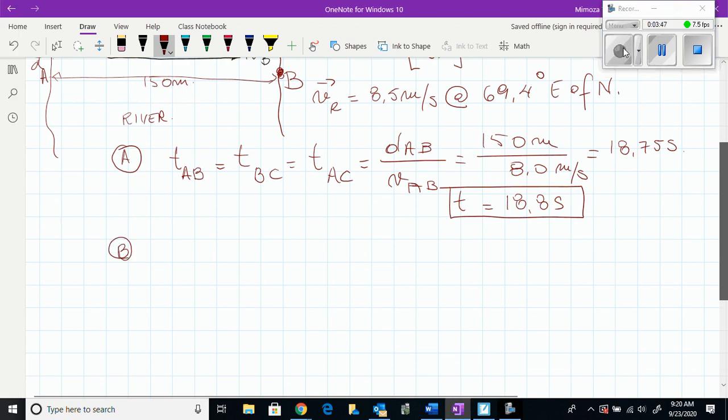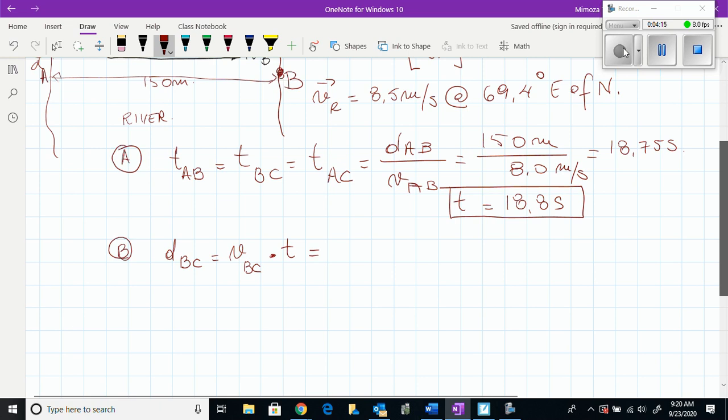So for B, it is asking how far downstream it is going. What they are actually asking is the distance between B and C. As we said, now that we know the time, 18.8 seconds, the distance BC will be the velocity in that direction times time.